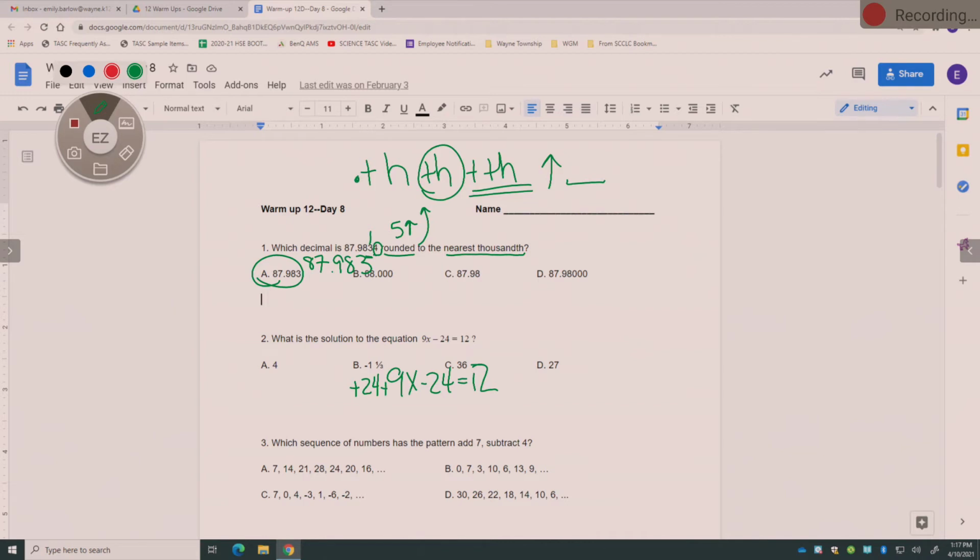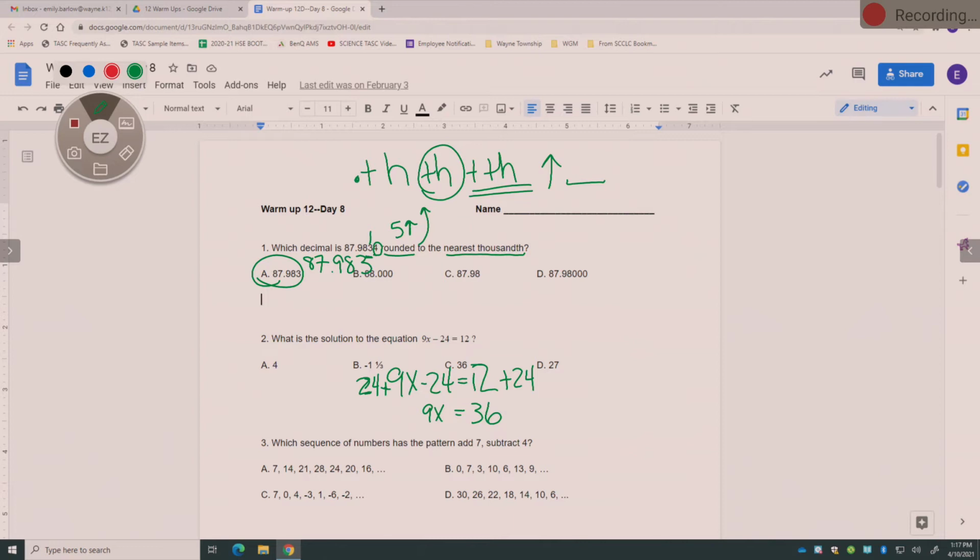But if I'm going to add 24 on this side, I need to add 24 on this side. So 24 plus 9x minus 24 gives me just 9x. And 12 plus 24 is 36.